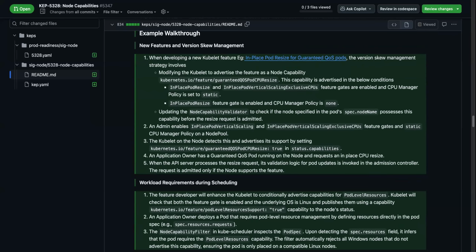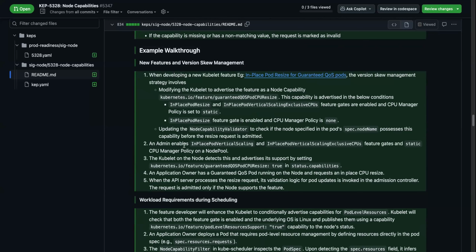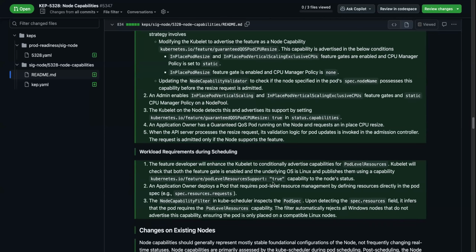I think the way we infer the capability is highly dependent on the feature itself. As a part of this KEP, we plan to use some examples to indicate how it could be used. One example I've explained in the walkthrough section is pod level resources.